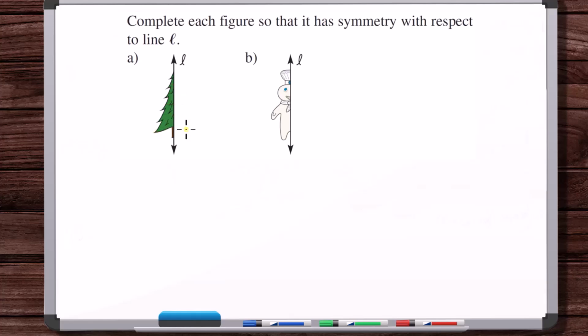And same exact idea here. So we can get a copy here. Now flip this horizontally. And there we go. Same thing here. And there we go. See? That has that vertical line of symmetry.